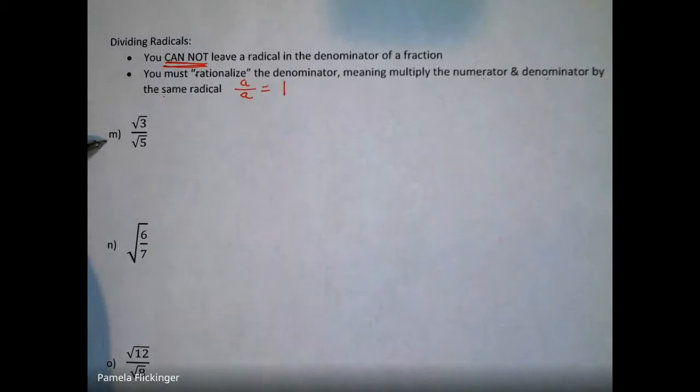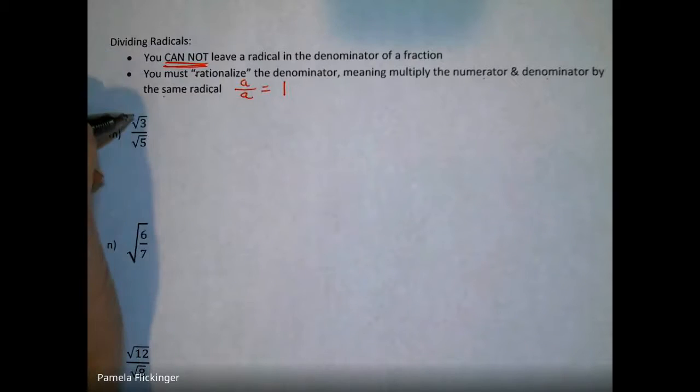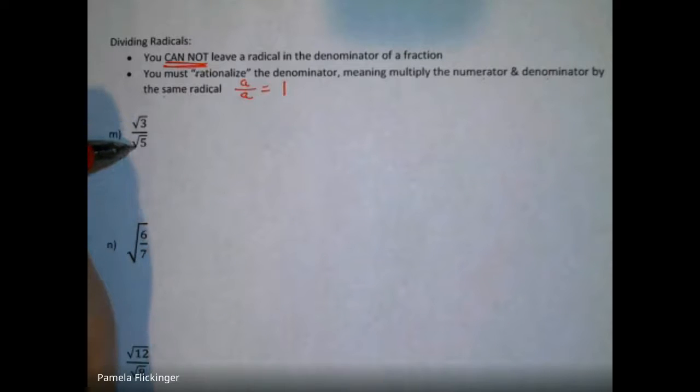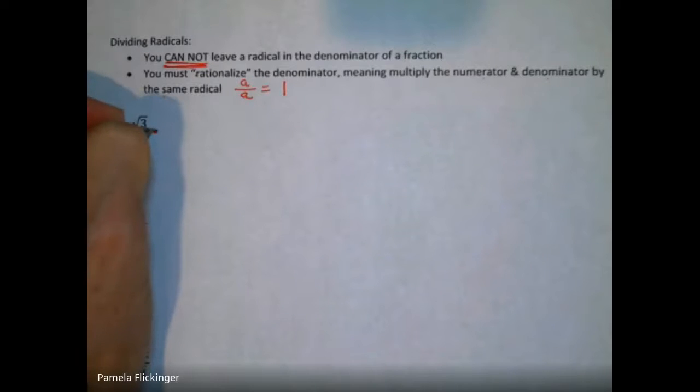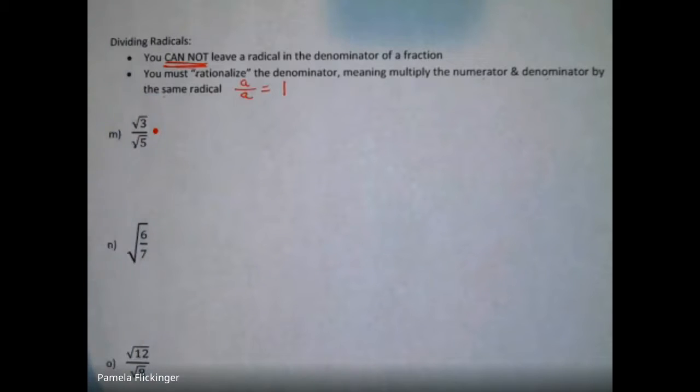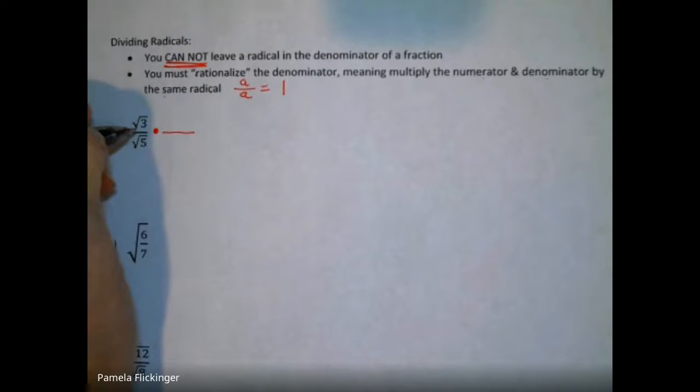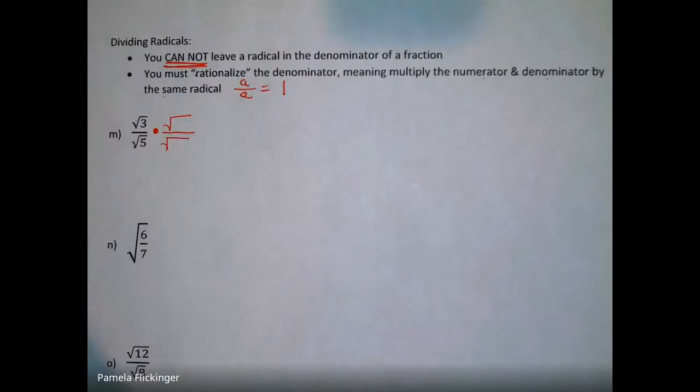So when I look at letter M, I've got the square root of 3 over the square root of 5. All right, they are separate radicals the way this is written. I will point out, well, I'll talk about that in the next one. So in order to rationalize this, because I can't leave that square root of 5 there, what I want to do is multiply the top and the bottom by another radical.